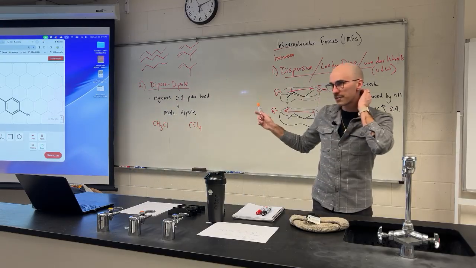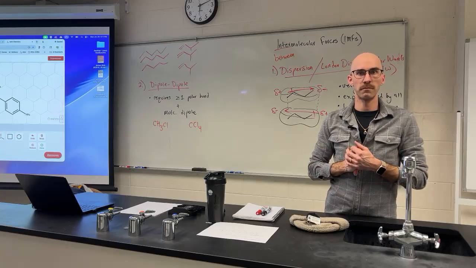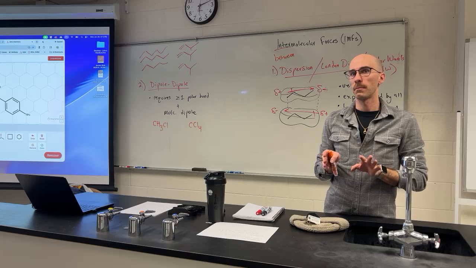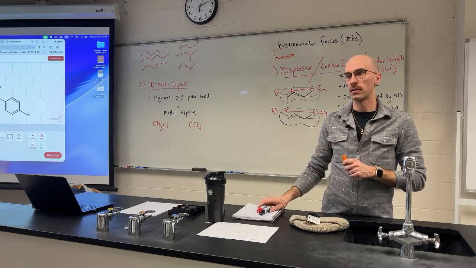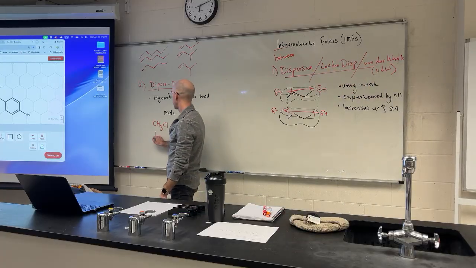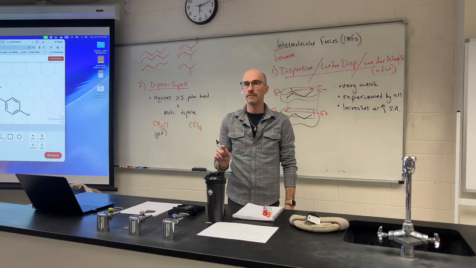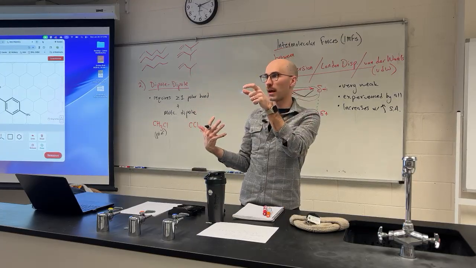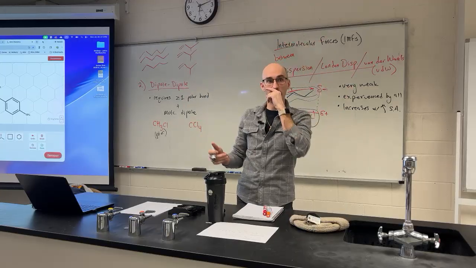These two compounds, CH3Cl and CCl4, both have at least one polar bond. The C-Cl bond is polar. But the molecule on the left is a polar molecule because that one C-Cl bond is asymmetric in the rest of the molecule, and it pulls electrons towards itself away from all the hydrogens.